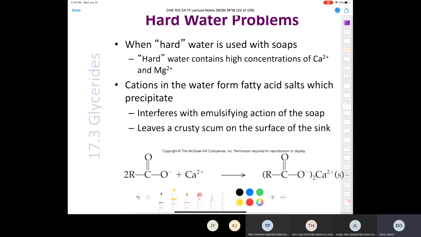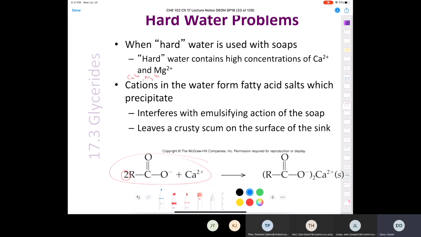So basically what happens is that the cations in the water, so the Ca2 plus or the magnesium 2 plus, can form fatty acid salts, like is shown down here. So instead of having a sodium cation or a lithium cation, you've got a calcium. So you need 2 fatty acids like that, and it basically forms these salts that precipitate out.